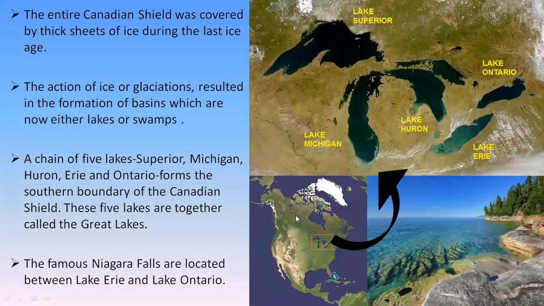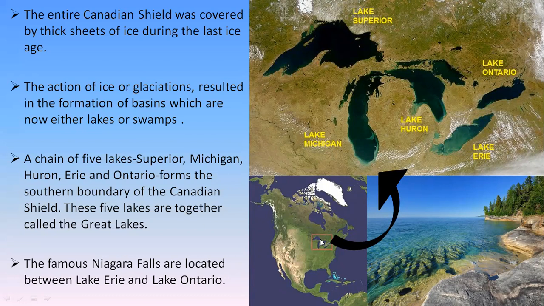Because of the movement of the ice and glaciers, most of this part has swamps, land having water content, and most of the rest has lakes and other geographical features. So we have lakes and swamps all over this area.